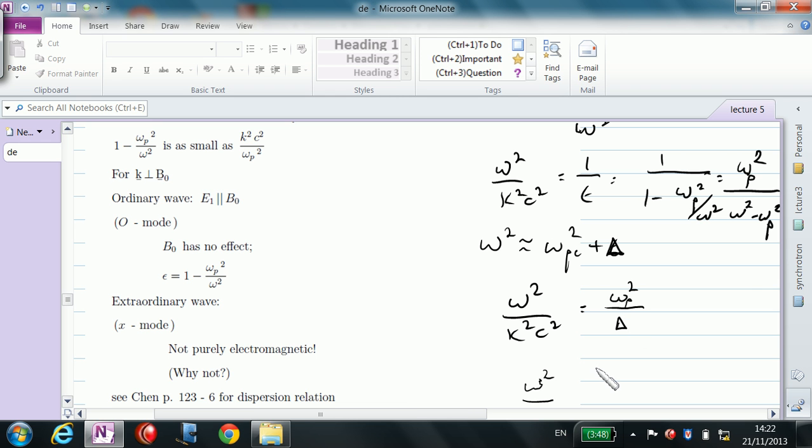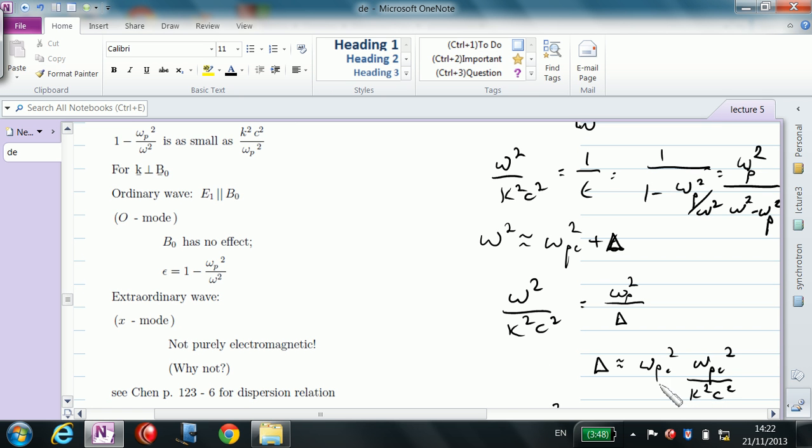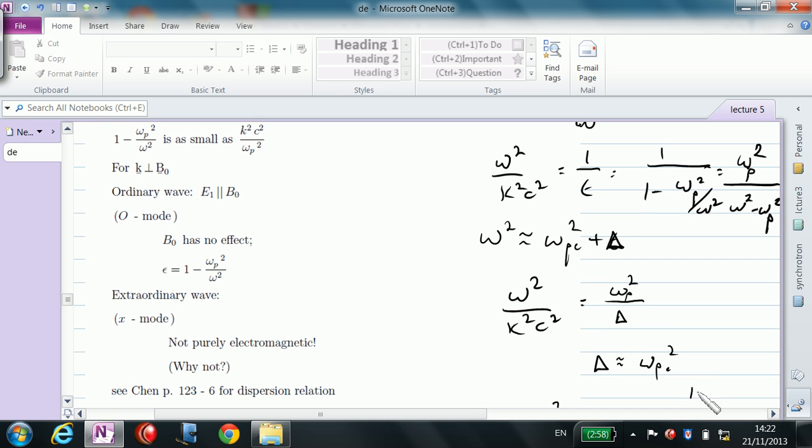So if delta is equal to omega pe squared times omega pe squared over k squared c squared, then does that solve this? No, no, it's the other way around.